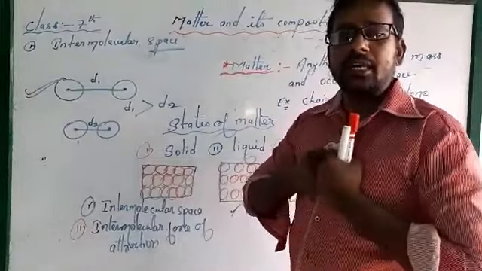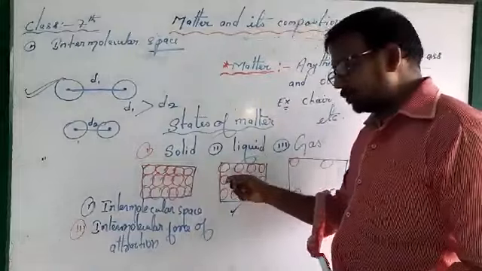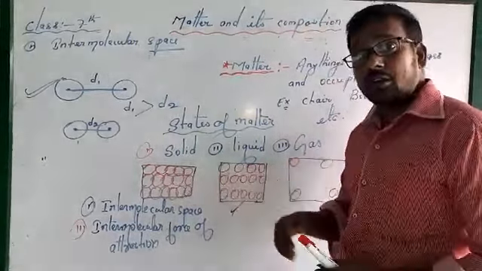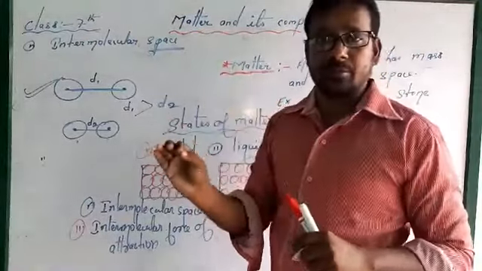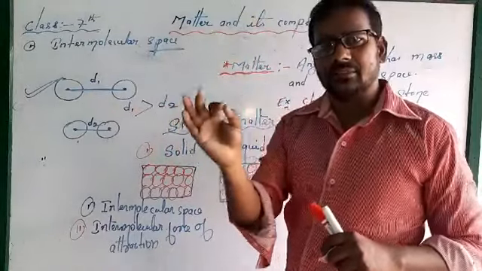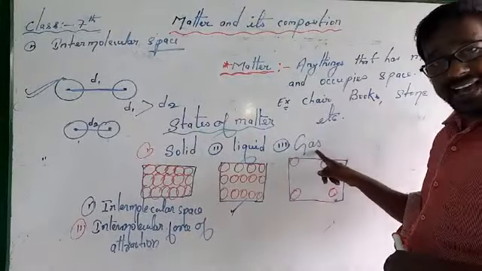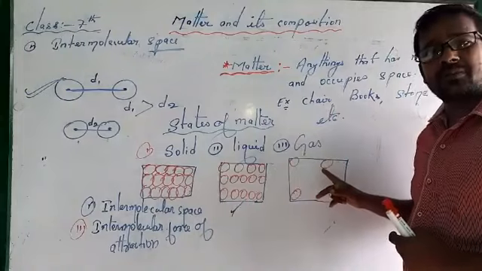The solid is incompressible. Liquid has some space, more than solid, but it is not highly compressible. It is slightly, very less compressible. But in the case of gas, it has more space, so it can be compressed more.